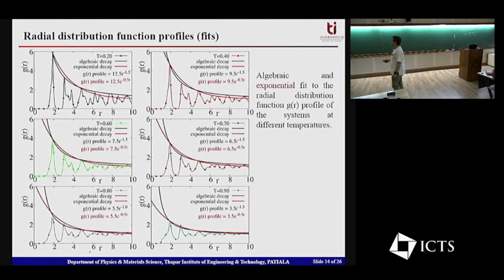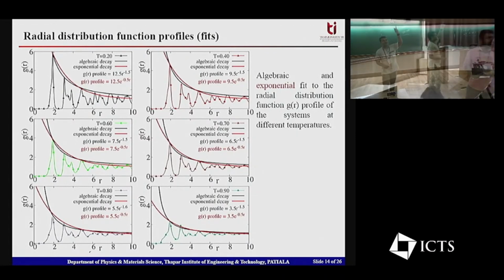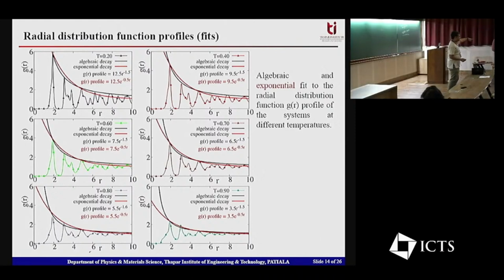The hexatic phase doesn't have positional order, it has bond orientational order, meaning each particle has an environment of mostly 6 neighbors. This is the g(r), which tells me whether they have positional order.